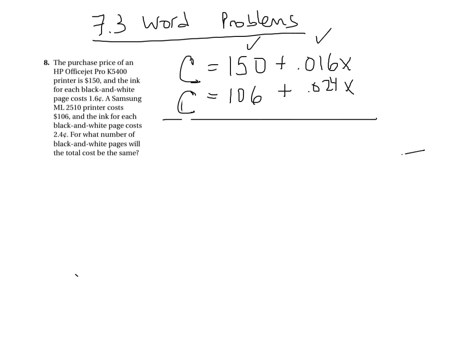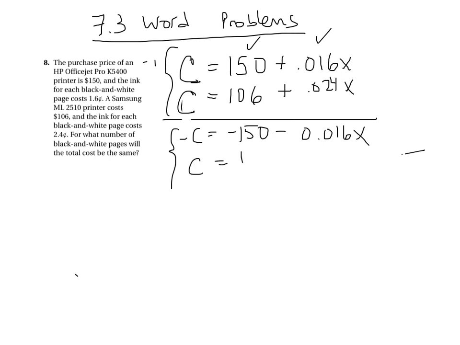So we need to get the coefficients to be opposites. To do that, we are going to multiply the top equation by -1. So we get negative C equals negative 150 minus 0.016x. Bottom equation we will leave alone. And we will add the equations together.